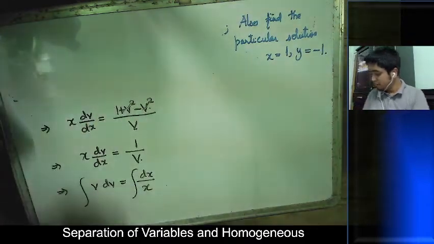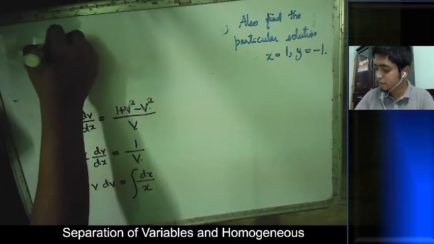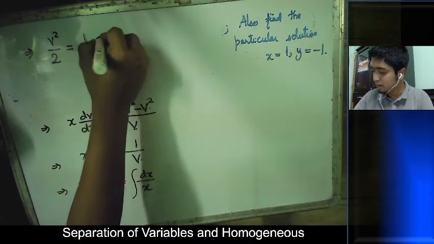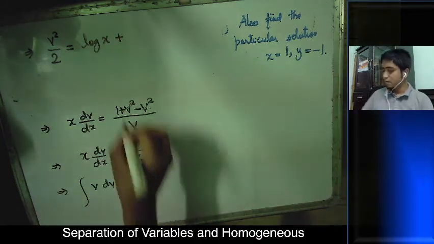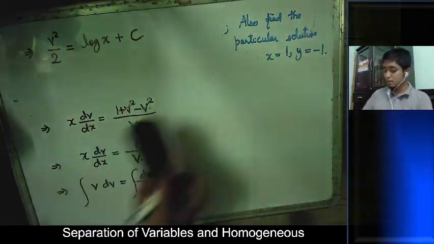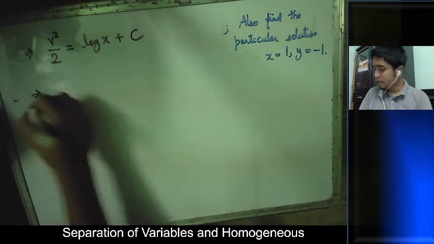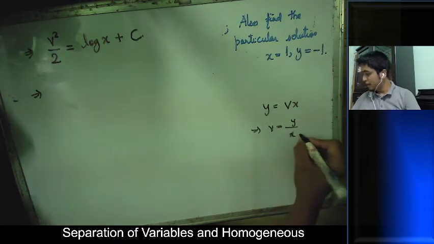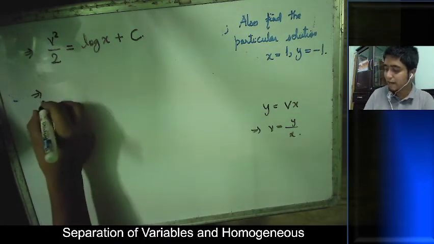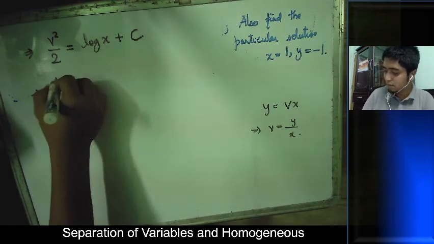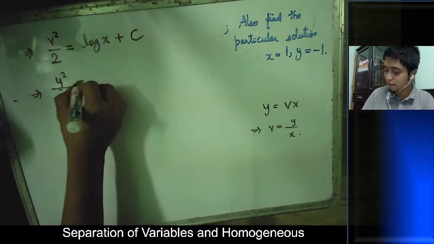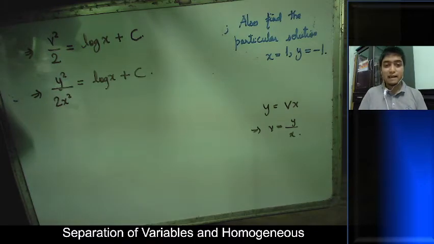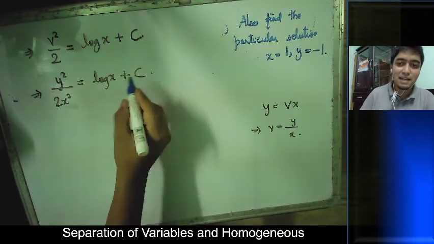After integrating, this one will become v squared by 2, and this one will become log x plus c. But remember that y was equal to vx, so v will be equal to y by x. Substitute it back: we'll be getting y squared by 2x squared equal log x plus c. This is in fact the general solution because it contains an arbitrary constant.